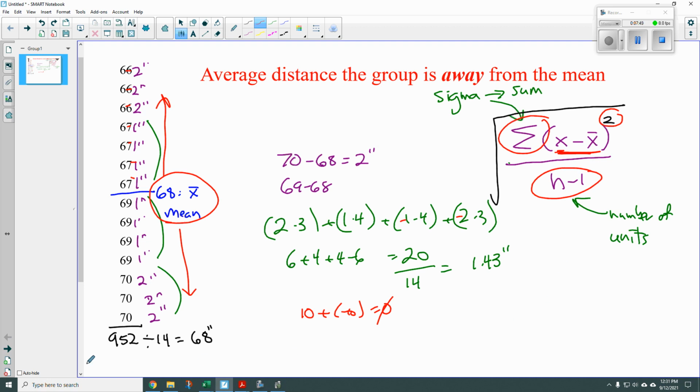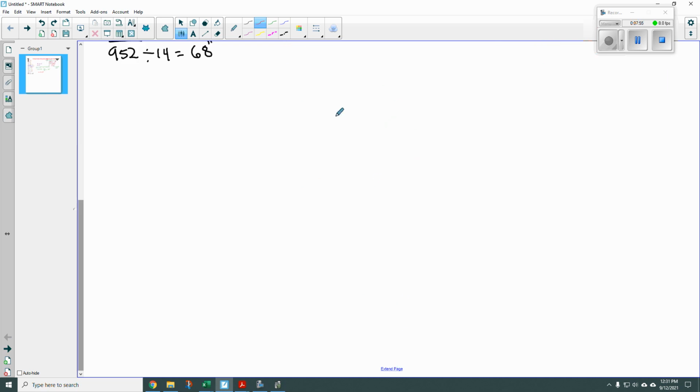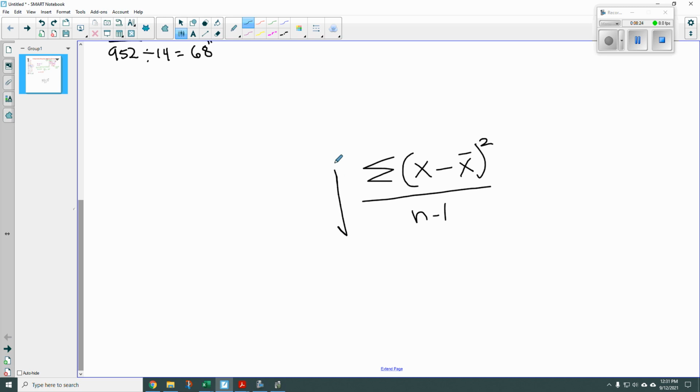So this formula right here that I just did, taking each data item, subtracting the mean, so I'm finding out for each data item how far it is away from the mean, squaring it to get all the numbers being positive, then adding each one of those together, dividing by n minus 1, and then taking the square root of that whole thing, that is the standard deviation.